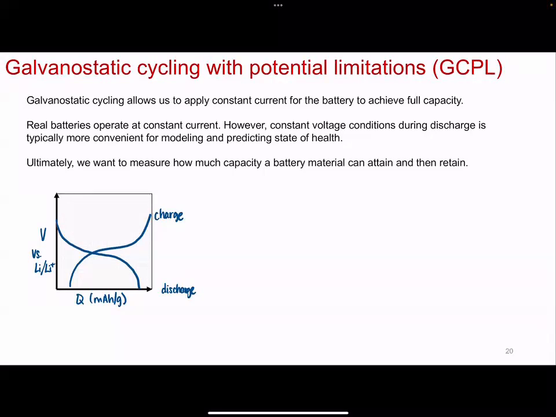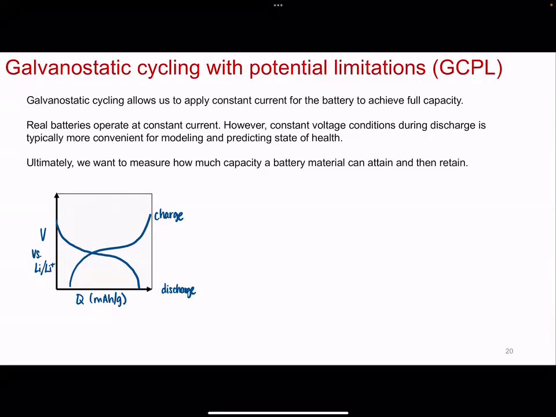So galvanostatic. In terms of why you would want constant voltage instead of constant current, there are times when, let's say, you're trying to integrate with real devices and you're working with electrical engineers for modeling and understanding the state of charge and the state of health of an entire battery system, say a battery management system. Now we're talking about not just a cell. That's what I've been talking about thus far, right?